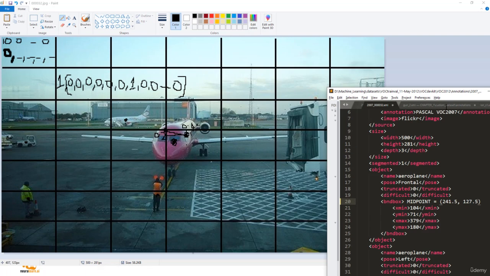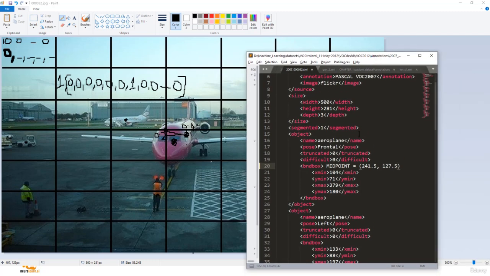So to do that, for the X, we'll simply divide by the width of the image, and then we multiply with the value of the new coordinate system, that is 7. So we multiply with the highest value in the new coordinate system.